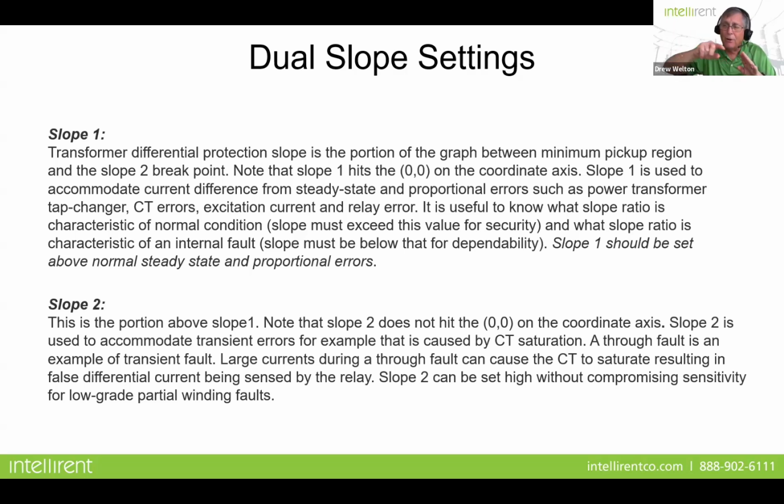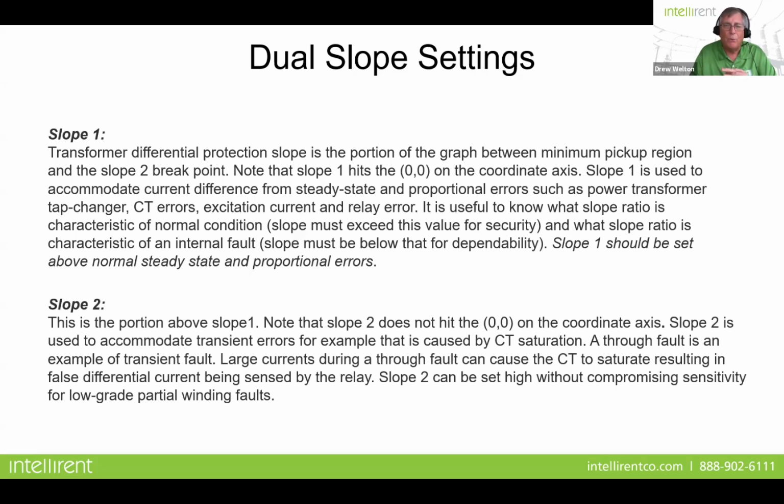So the higher up the restraint you got, the higher the slope looks. It was a little bit more modern in terms of how it compensated for CT error than the BDD did, but it was a little bit more tricky to test, and it was a lot more tricky to bring into calibration if it was ever out of calibration. But thankfully, with digital relays, we don't have to worry about that.